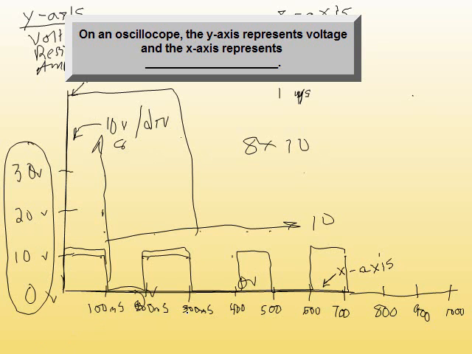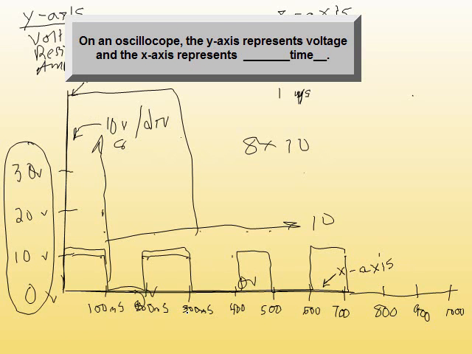We said it might represent nanoseconds. But regardless of what it's representing, you can always answer that question correctly by saying this: the x-axis represents time. The x-axis always represents time on an oscilloscope. So let's make sure we don't miss that one.